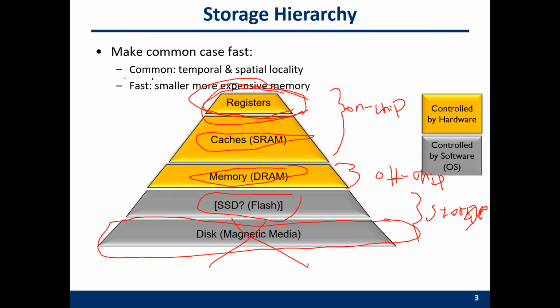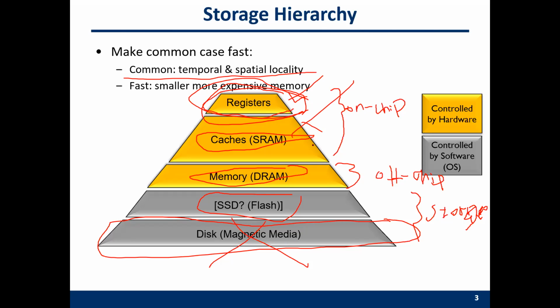Because your application has a lot of temporal and spatial locality, most accesses can happen in the registers and on-chip cache. In this way, we can enjoy good performance, but only need a very small capacity of register file and on-chip cache.